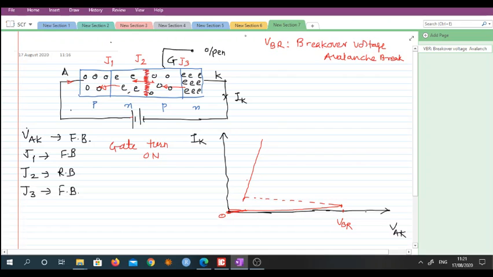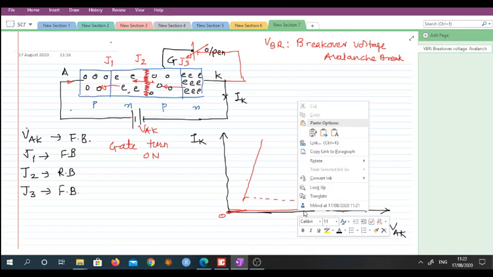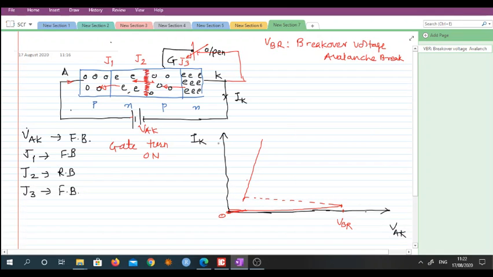In this method what we do is apply a sufficient gate potential here, and at low anode to cathode voltage, we try to test the working of the device. So let's check that my device is somewhere here at very low voltage. Now I am applying a gate potential.